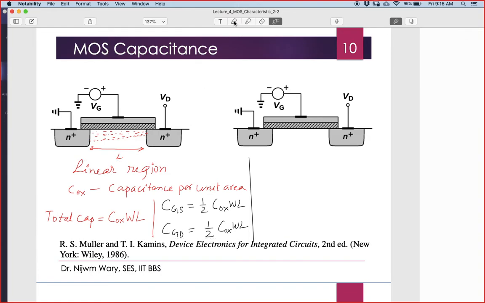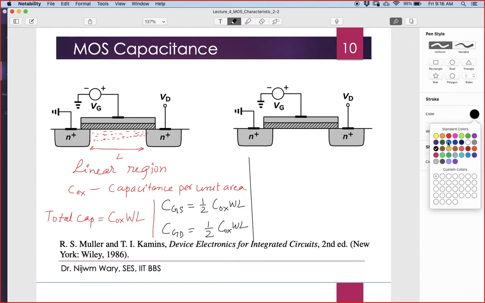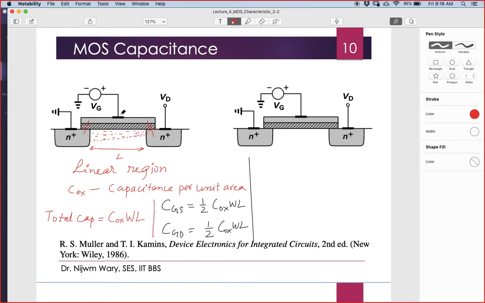Now of course the overlap capacitance between the source and drain will always be there. So this will always be there: source and drain, gate and drain, and gate and source. This overlap capacitance will always be there.